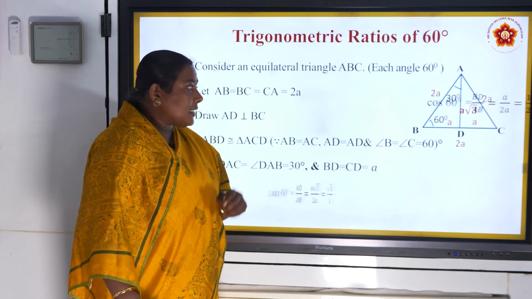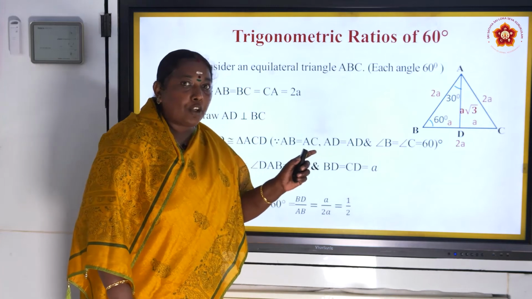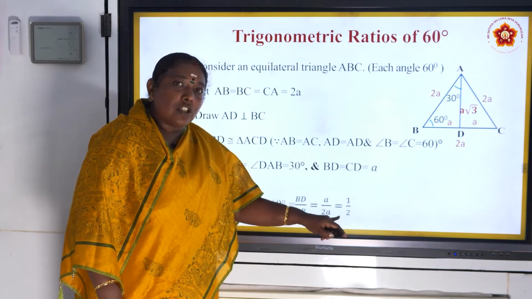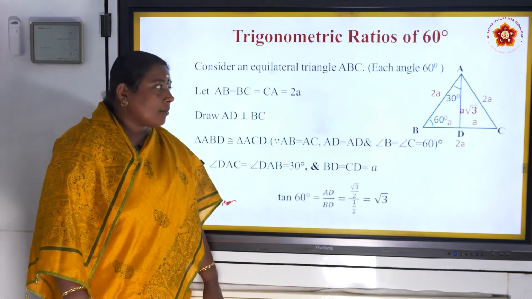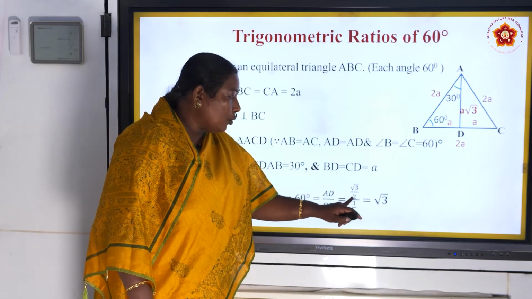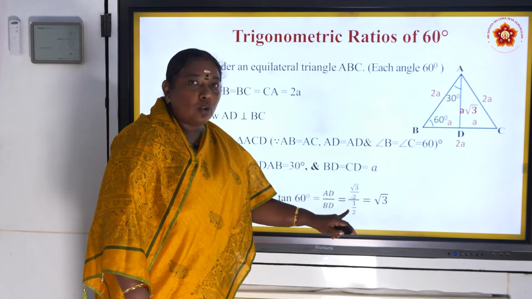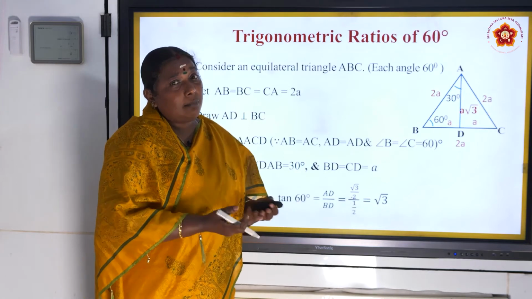Okay. So next let us see the cos value. Cos means adjacent by hypotenuse. A by 2A, which is equal to 1 by 2. Now next the tan. Opposite by adjacent. Root 3 by 2 divided by 1 by 2. I'm directly taking it from sine by cos.